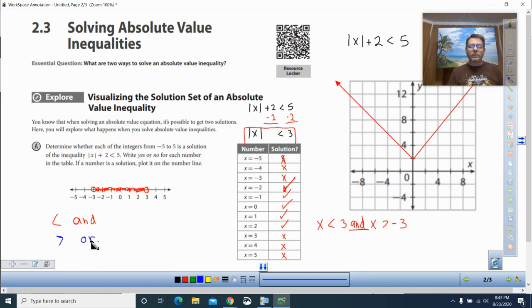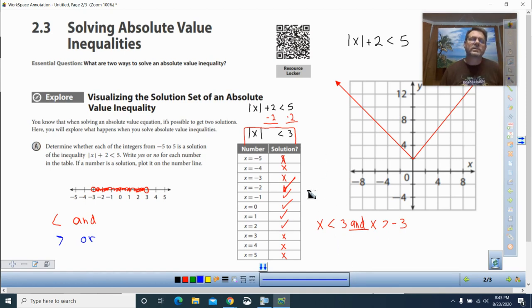If it had been a greater than symbol, we would have shaded on the left and right hand sides. Now let's double check. Did I say things smaller than 3? Sure. And things bigger than negative 3. So everything's checking out, no matter how you look at it.